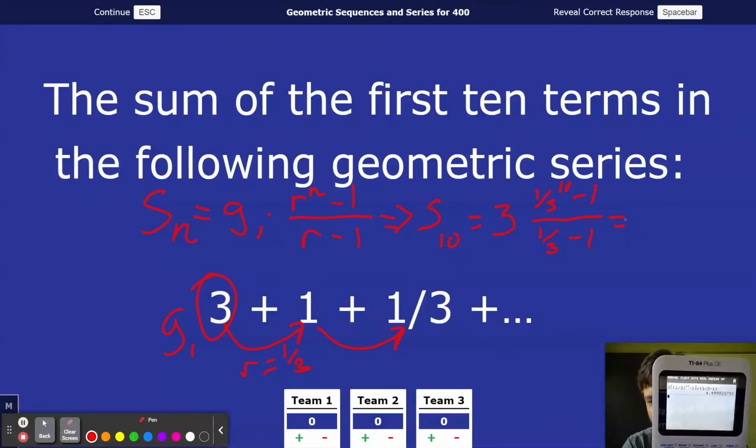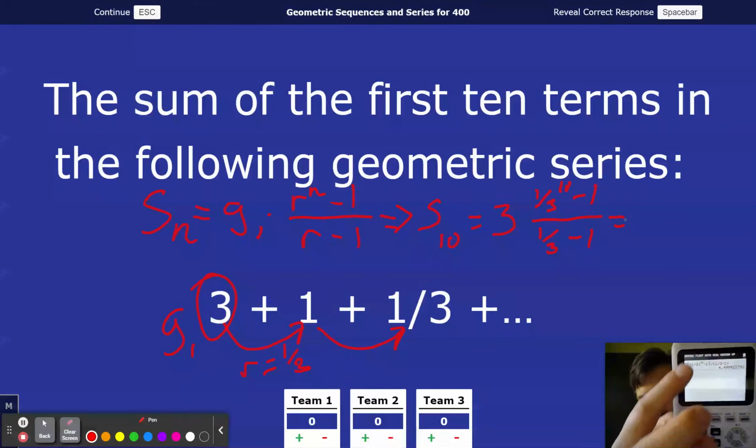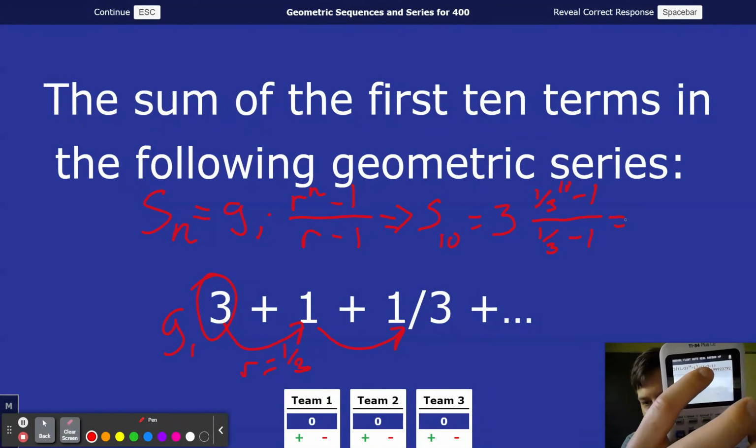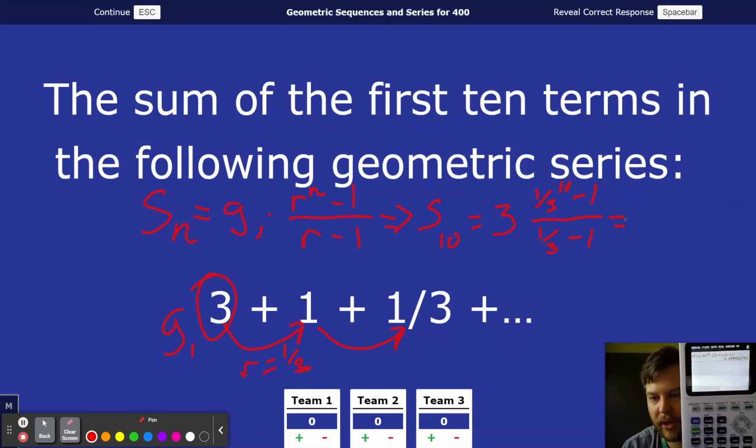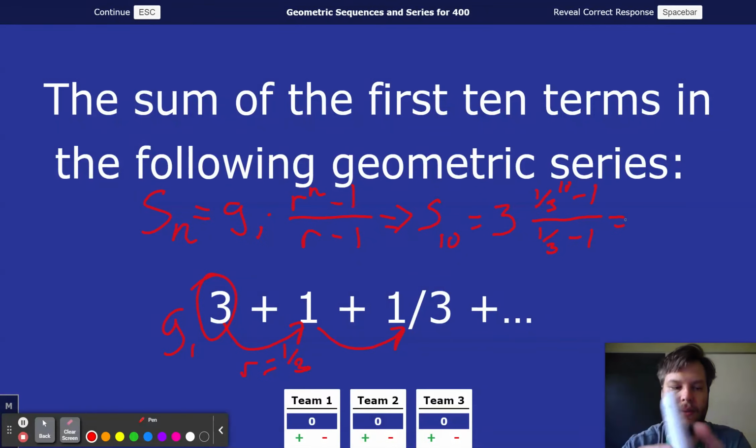That way the calculator knows it's the whole fraction being raised. I also put the top and the bottom of the fraction in parentheses. The most common mistakes that I see are people either forget this parenthesis right there or the parentheses on the denominator. So we get about 4.5 as our answer.